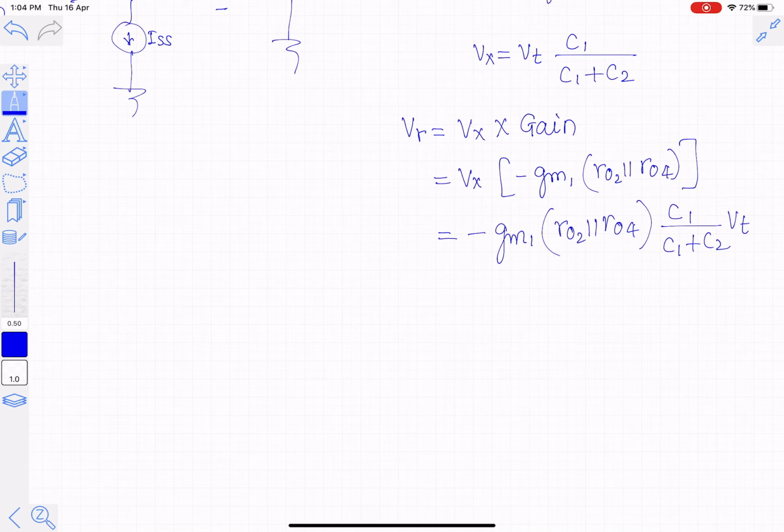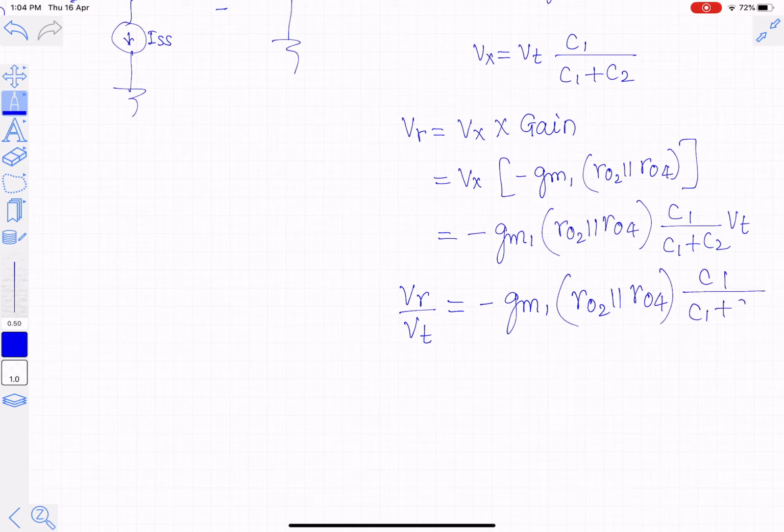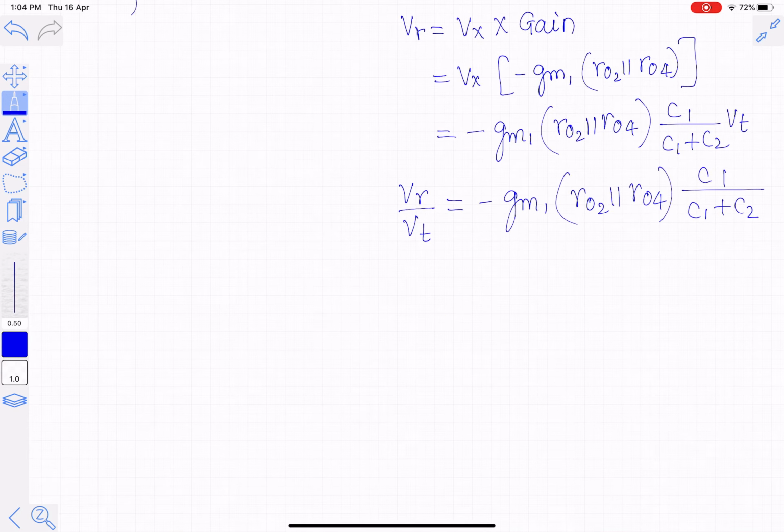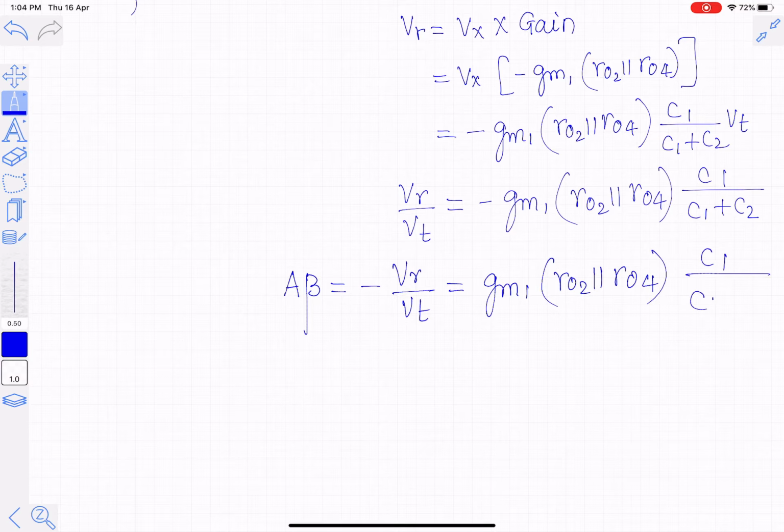So you can see that VR by Vt is equal to minus GM1 RO2 parallel RO4 into C1 divided by C1 plus C2. Now we know that the loop gain, that is A into beta, is always minus VR by Vt. So it becomes GM1 into RO2 parallel RO4 into C1 upon C1 plus C2.